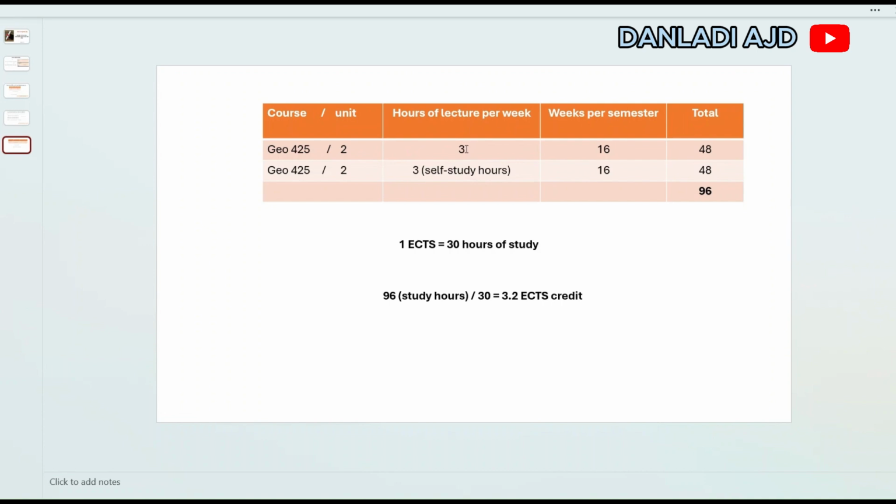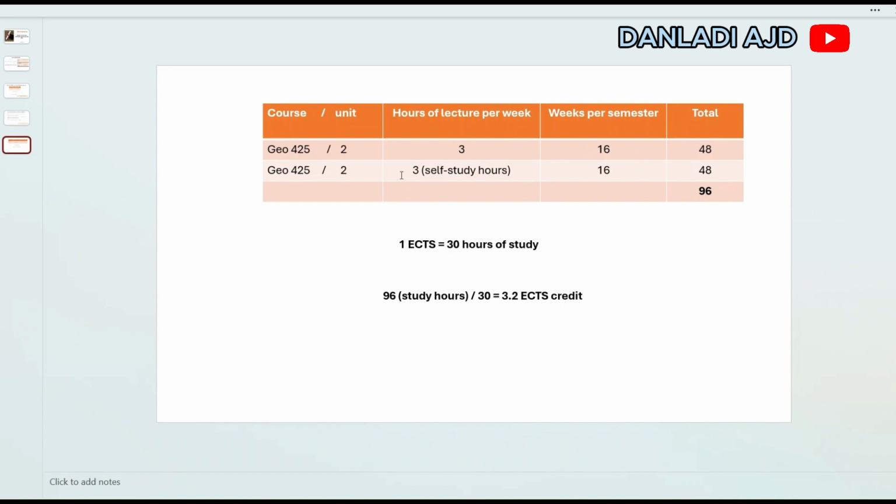These 3 hours in a week multiplied by the total study weeks in a semester, that is 16. So the 3 hours multiplied by 16 will give you a total of 48 hours. So he had lectures of 48 hours in the whole semester.